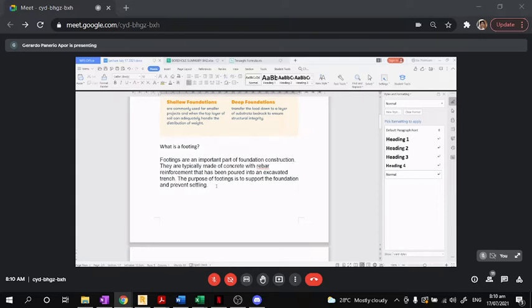Then you have a building that is tilting. If you put a ball in the middle of the floor, it will go to the other side. Why? Because the building is inclined. Why is that so? Because one part settles more than the other.